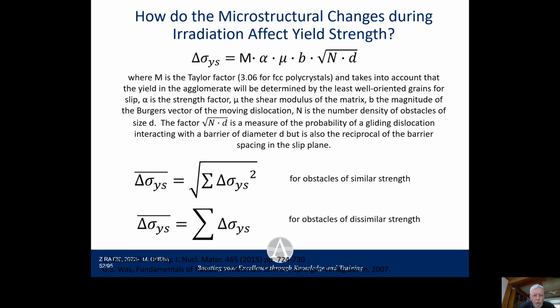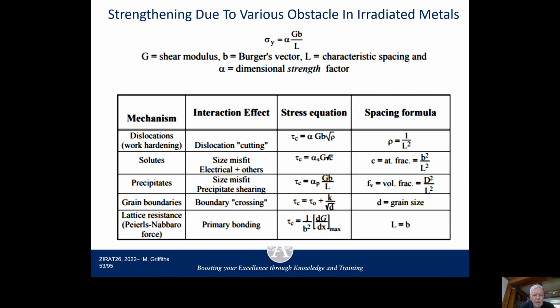The actual quality of the barrier, this alpha factor, is also important. I'm not going to talk too much about this. It's just there for reference. So here's, I can't remember where I got this slide, but I got this table. Look it up on the internet.